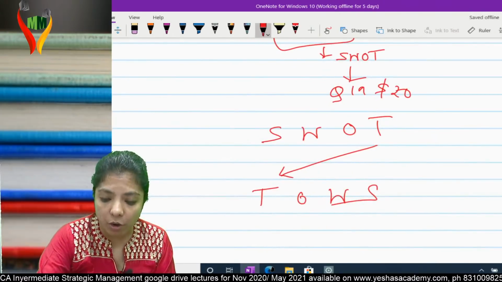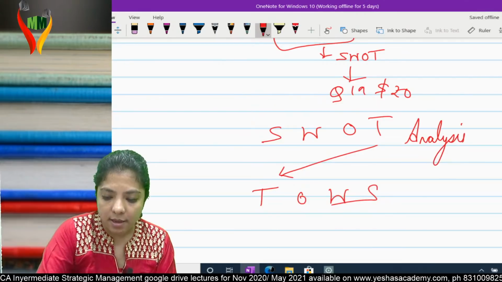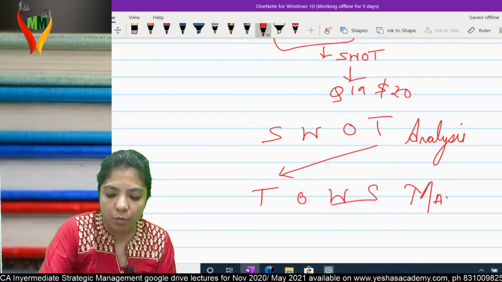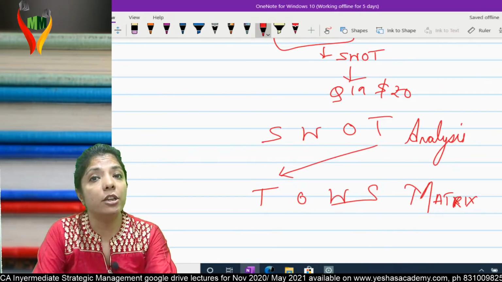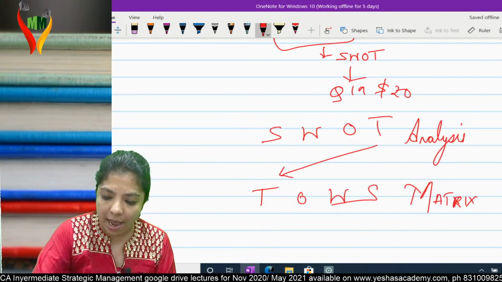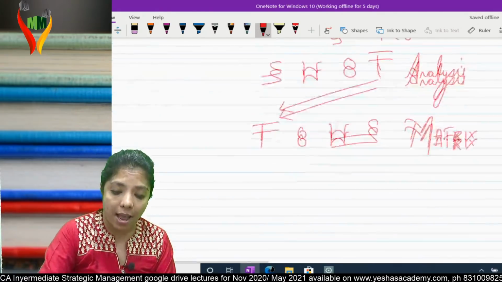So we use the word SWOT analysis, and for TOWS we use the word matrix. And what is a matrix? A combination of rows and columns is called a matrix.